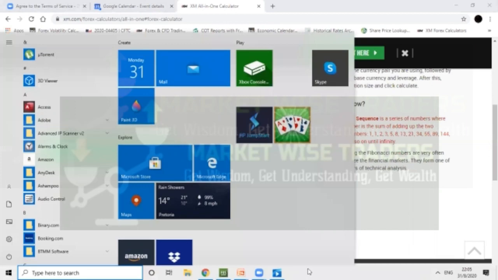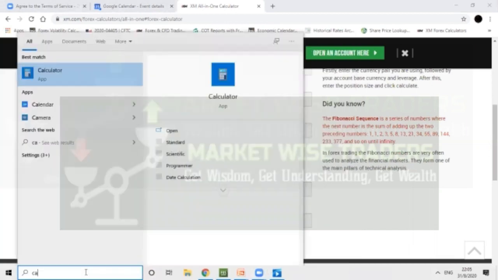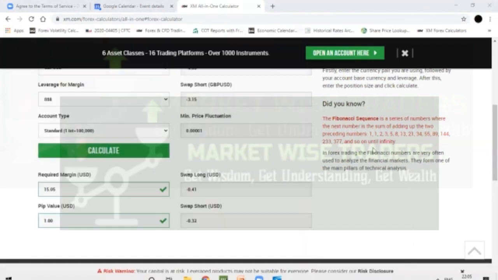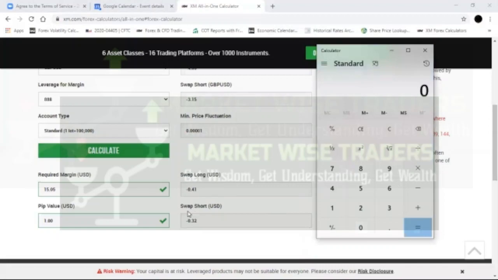Let's just have a look at that again. Where's my calculator? But I want this, so $15, right? I want 40% of that.